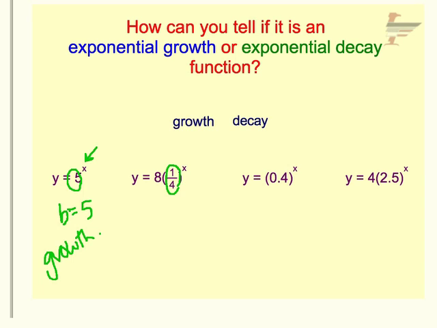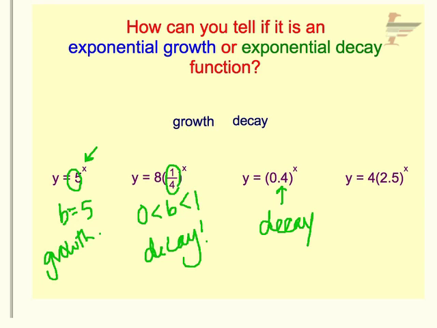Here, our b value is a 1/4, which is between 0 and 1, so that would be an example of decay. Here the b value is 0.4, between 0 and 1, decay. Here the b value is 2.5, because that's bigger than 1, that's going to be growth.